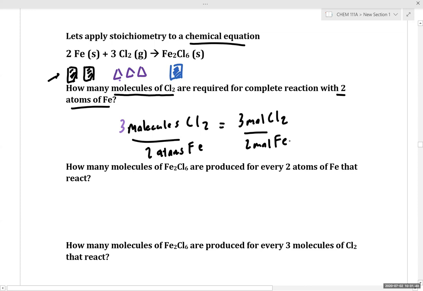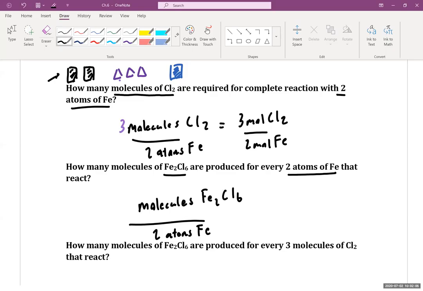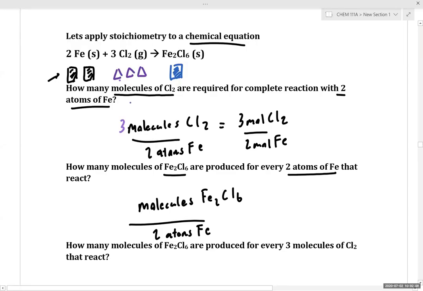Okay, now let's do a conversion between reactants and products. How many moles of the following species are produced for every 2 atoms of iron that react? So we're looking at molecules of Fe2Cl6 for every 2 atoms of iron. So how many product molecules do we make for every 2 atoms of iron?